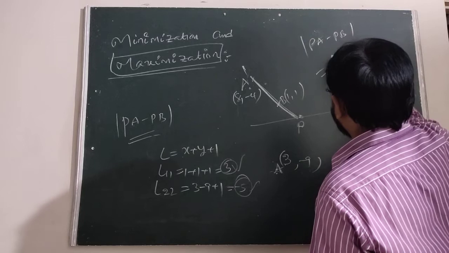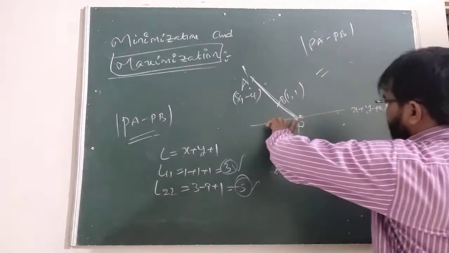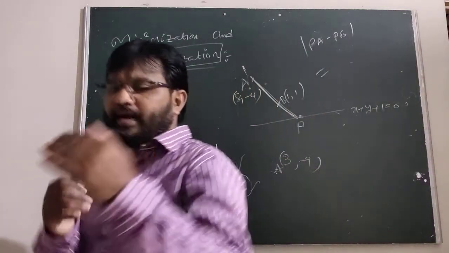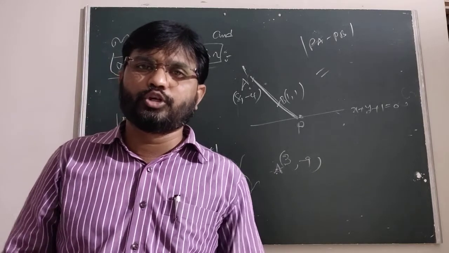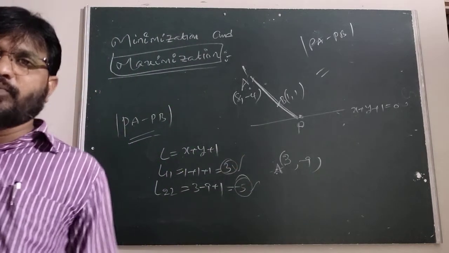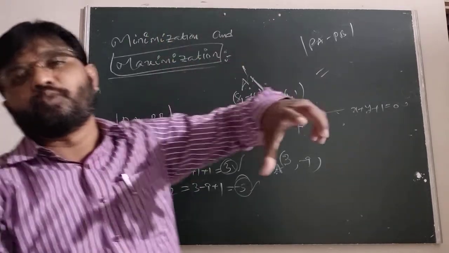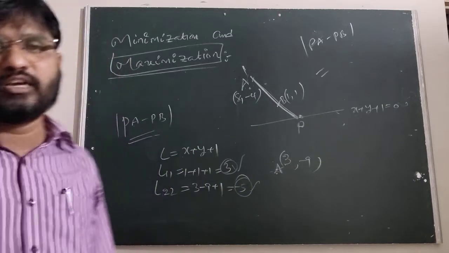That implies modulus of PA. PA is nothing but PA dash, since A and A dash are image points with respect to the line L equal to 0. If you take any point on that line, that point makes equal distances to the given point and its image.